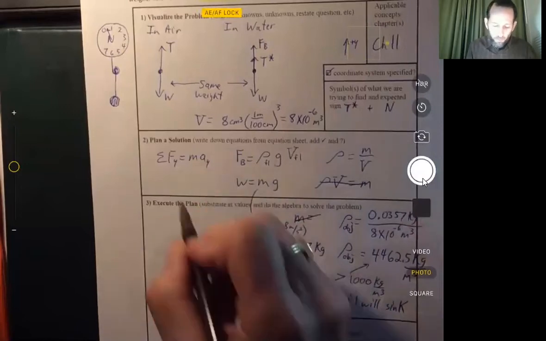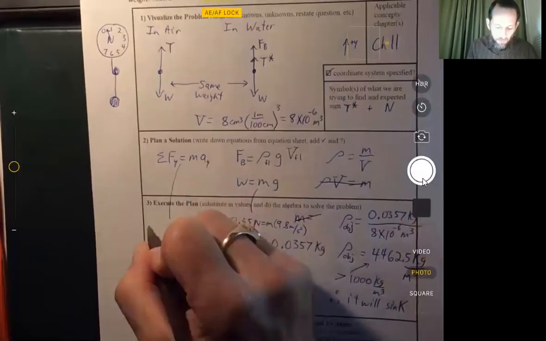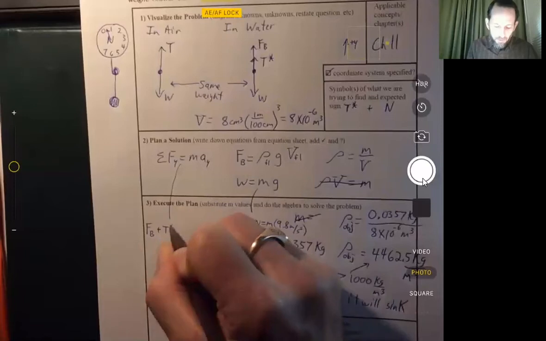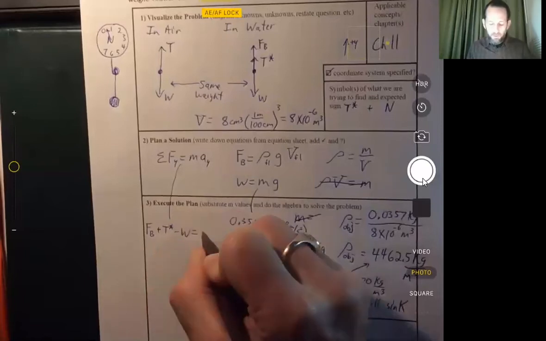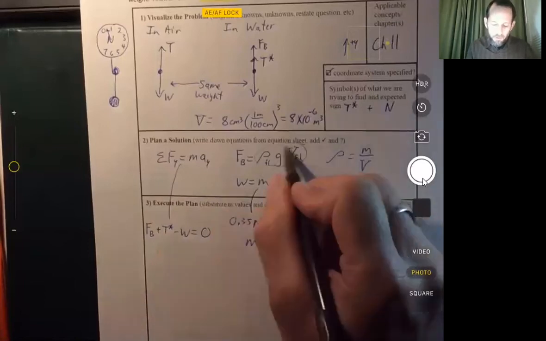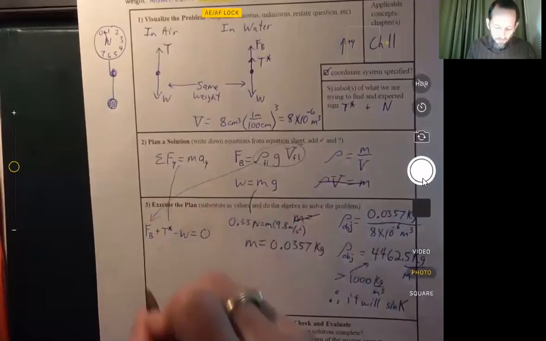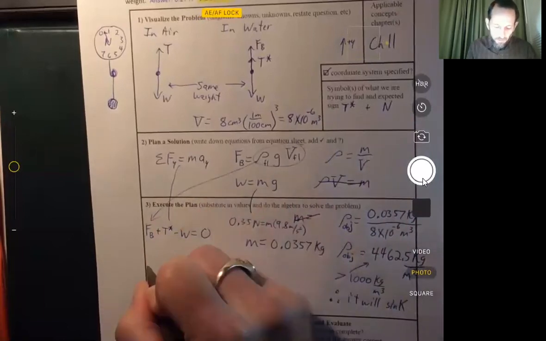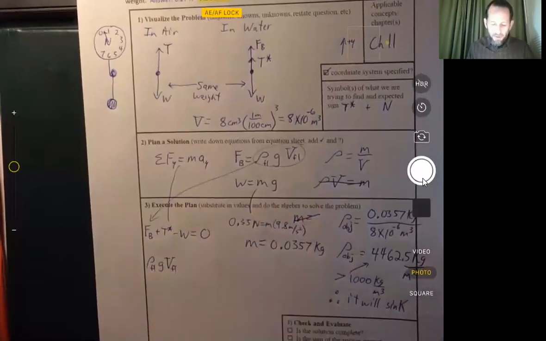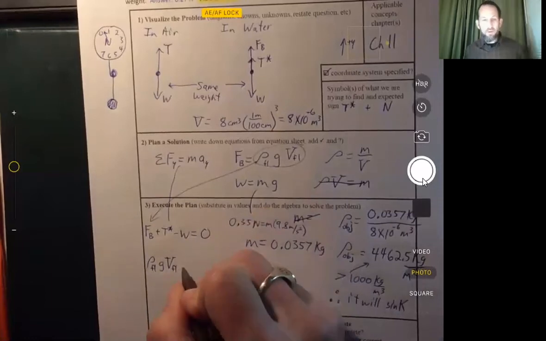Have our buoyant force equation, our second law equation here. I'm just going to say buoyant force plus T star minus the weight equals 0. And then we're going to take this buoyant force expression and put that in there. So the density of the fluid times g times the volume of the fluid displaced. And in this case, the fluid displaced is going to be equal to the volume of the object.